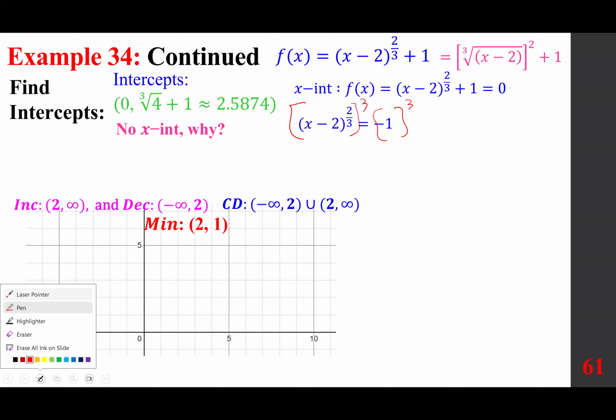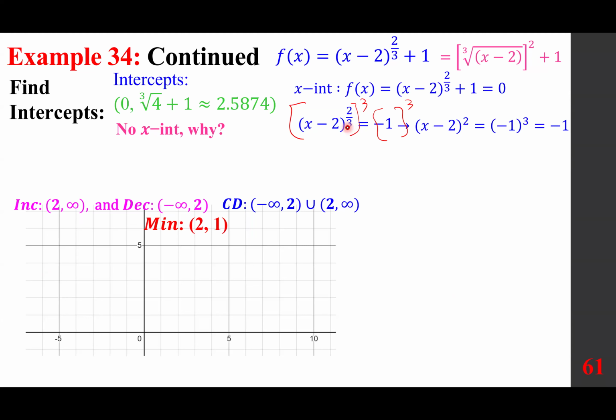I'm talking about this one, everybody. So we have (x minus 2) squared equals (-1) cubed equals -1. This is being squared. How can it be a negative number? Never, ever. There is no solution. So we don't have x-intercepts.